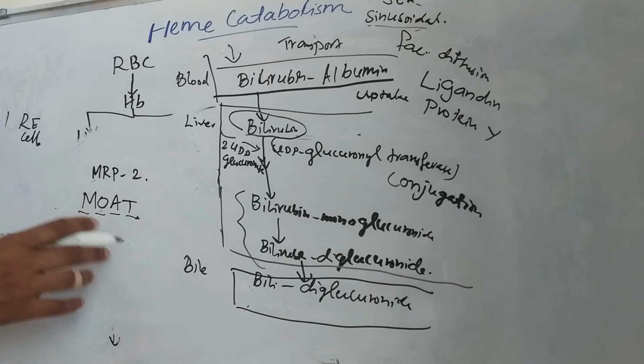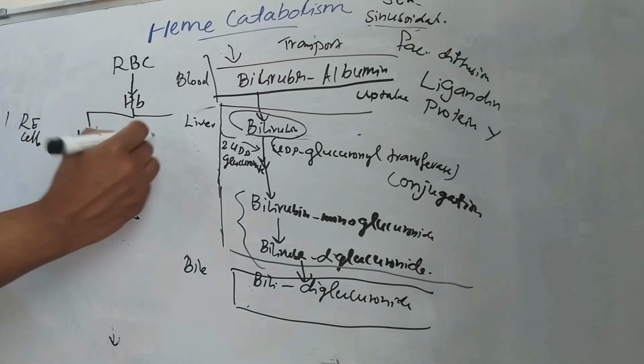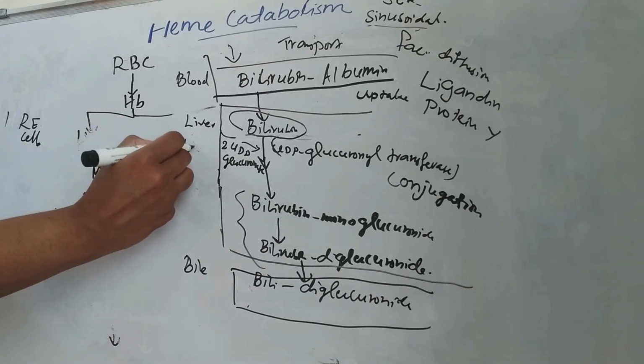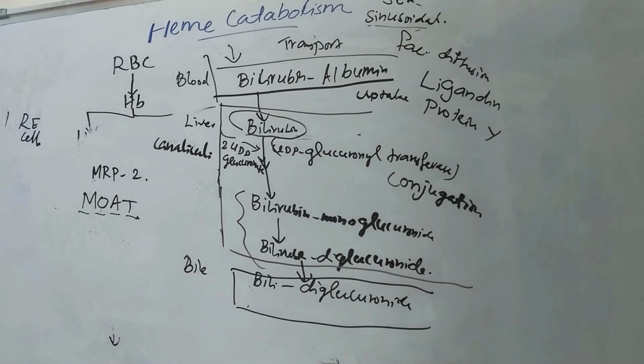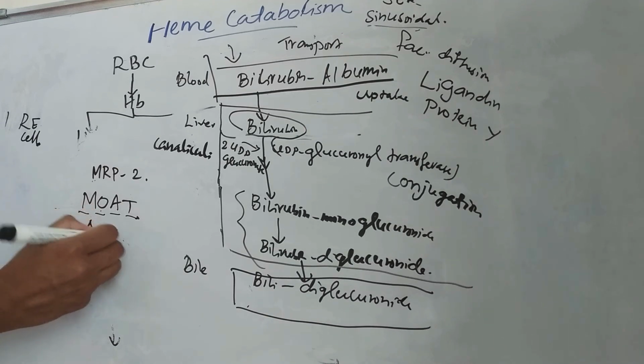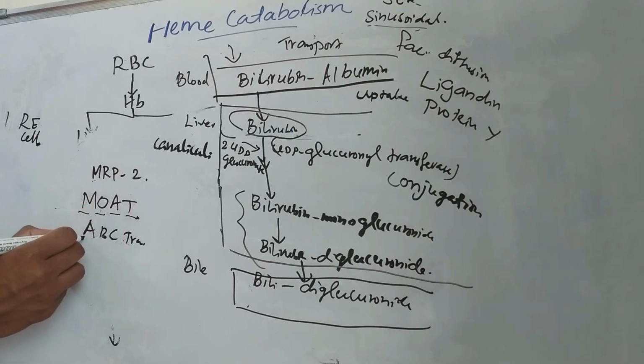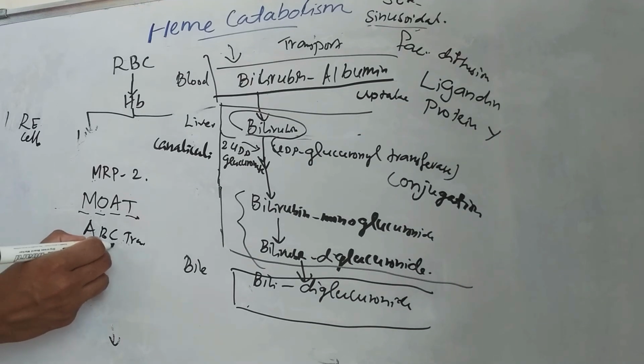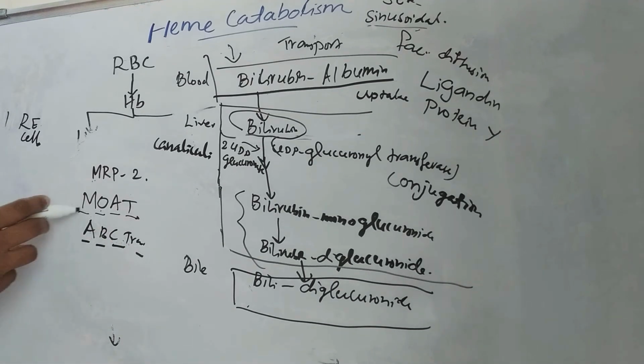It is located in the plasma membrane of bile canaliculae. This MRP2 or MOAT is a member of the family of ABC transporters, that is ATP binding cassette transporters. So that is the secretion of bilirubin in the bile.